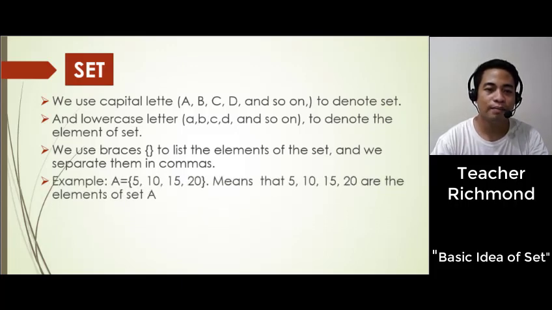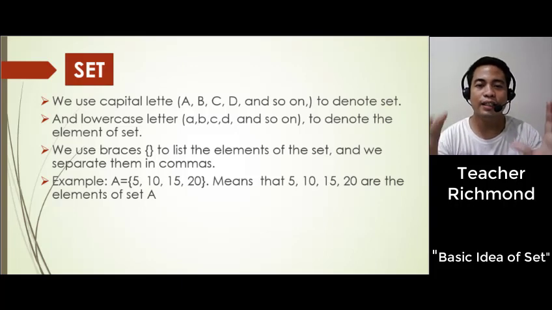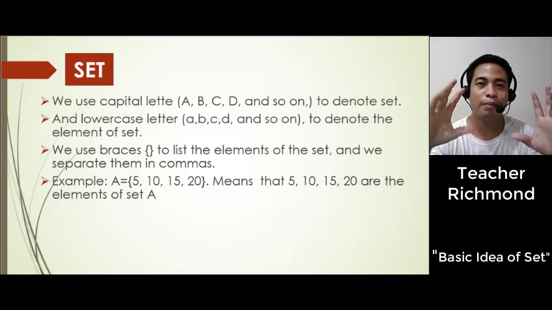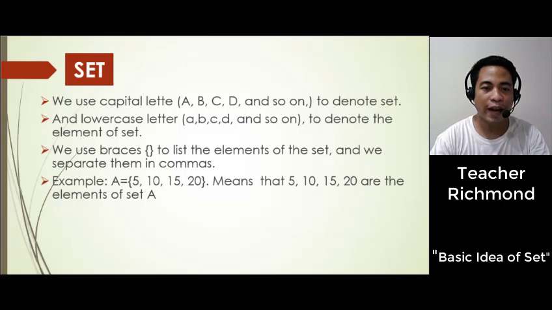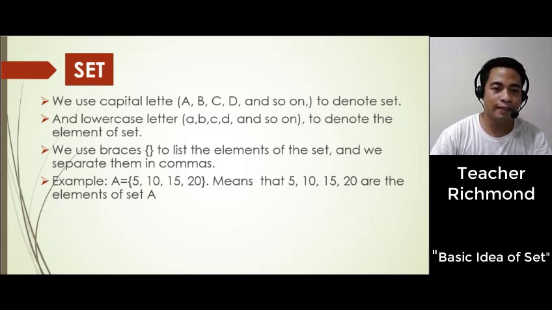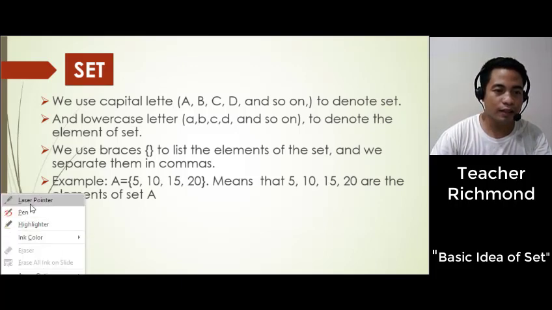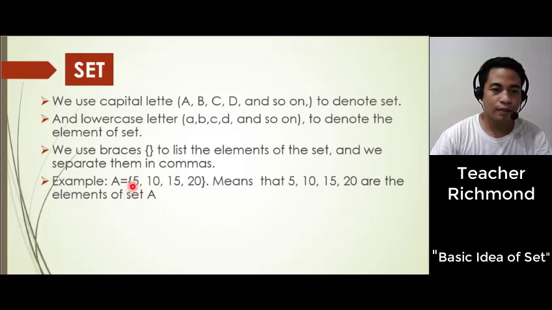Example, look at this. Set A is equal to, always remember this, a set is enclosed by braces. So, example, set A is equal to 5 as the first element, 10 as the second element, 15 the third element, 20 as the fourth element.